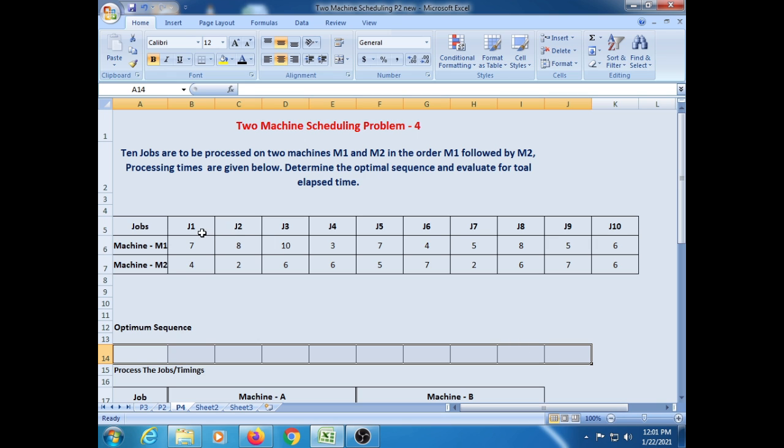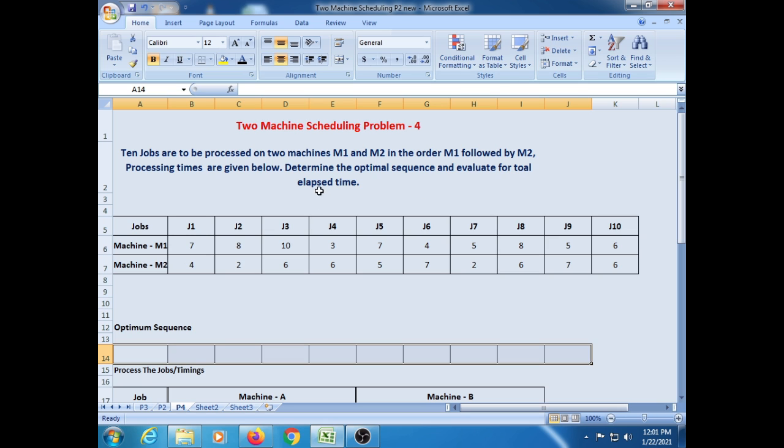So actually we have 10 jobs, in the order job 1, job 2, job 3, job 4, up to job 10. But if we find the optimum sequence, the job order may change. That optimum sequence will help to decrease the total elapsed time.